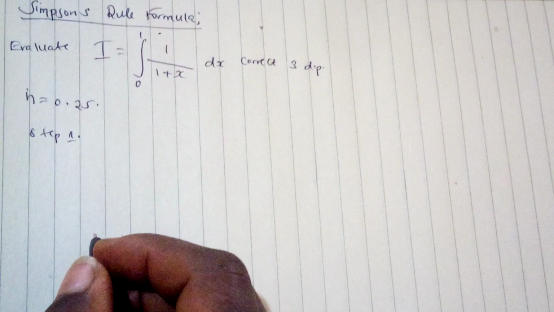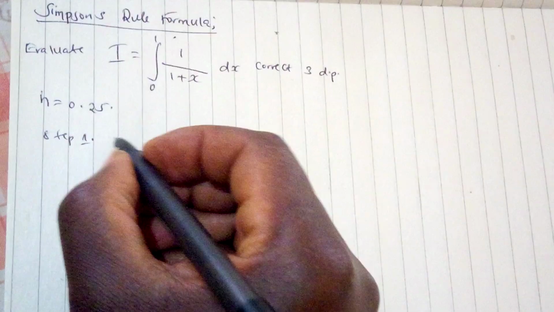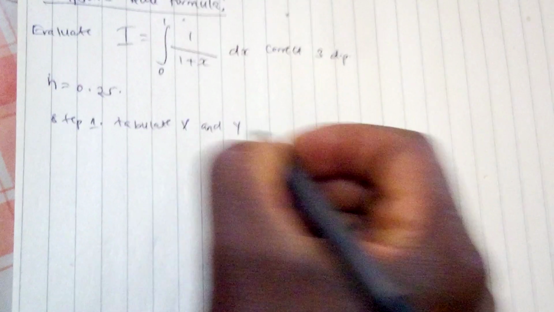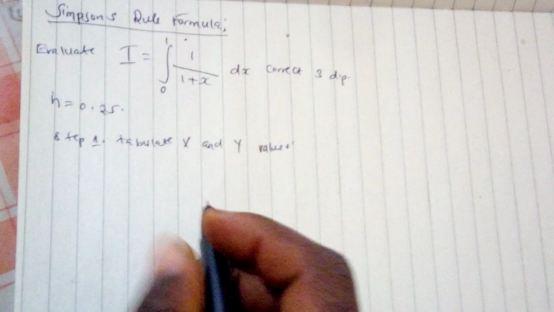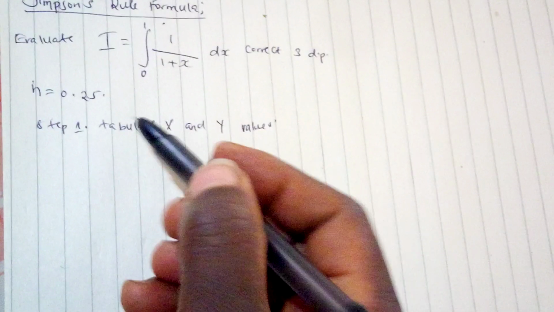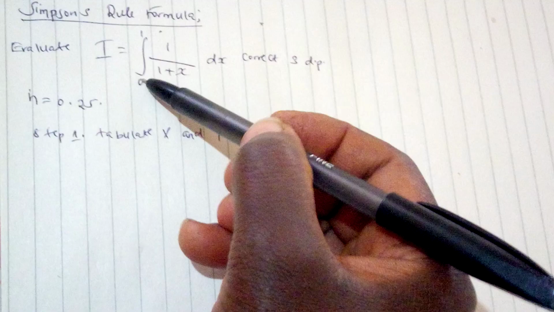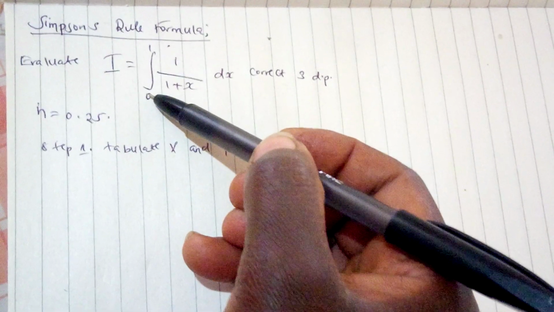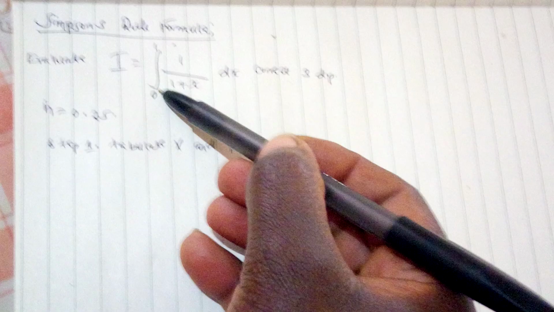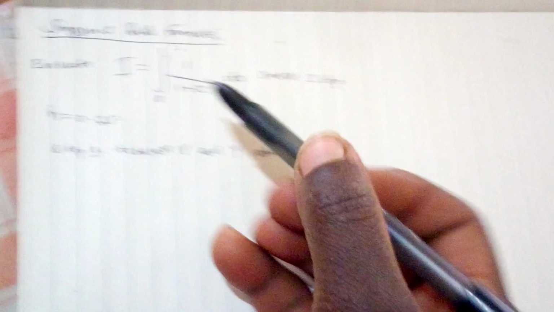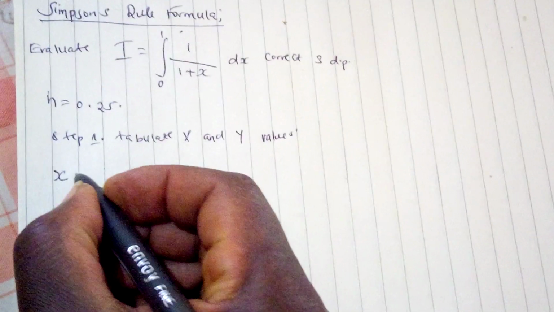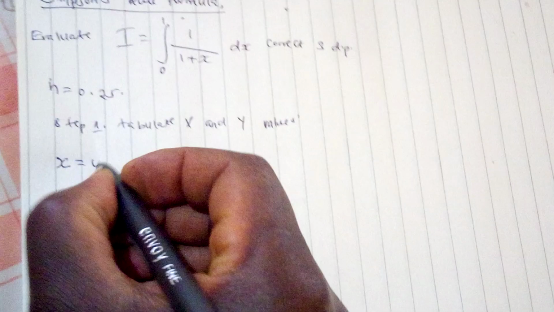So we have step number one: we tabulate our x and y values. In this case, we've not been given the values of x and the values of y, but we have the boundary from between 0 and 1, and the difference between the sub-intervals in this boundary is 0.25. So it's simple. x starts from 0.